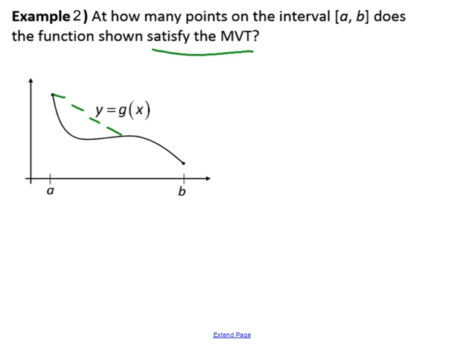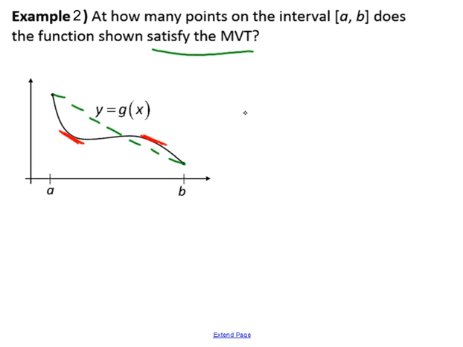I'm not very good at drawing lines, so I'm going to do the best I can. The first thing you want to do is draw your secant line. This is the slope that we're looking for. We're looking for tangent lines that have the same slope. How many of those are there in this interval? There's going to be one about right in here, and then another one about right in here, and that's about it.